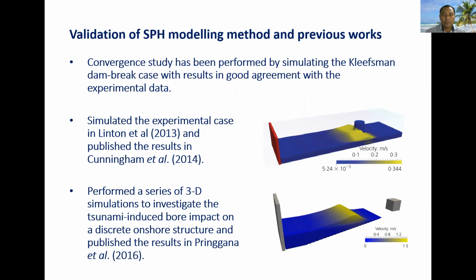Moreover, we have simulated an experimental case of tsunami-like wave impact on vertical wall that was conducted in the tsunami wave basin at Oregon State University, and the result has been published. We have also published a technical paper about the 3D simulation of tsunami bore impact on discrete structure combined with finite element modeling.